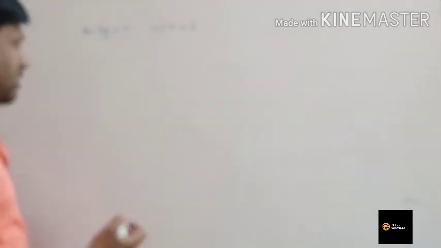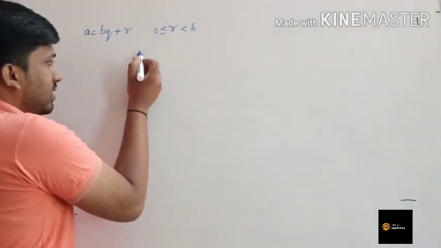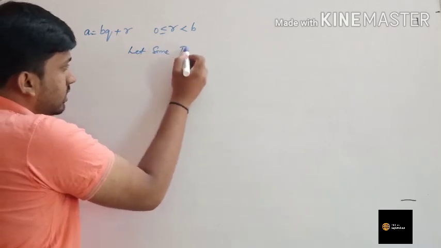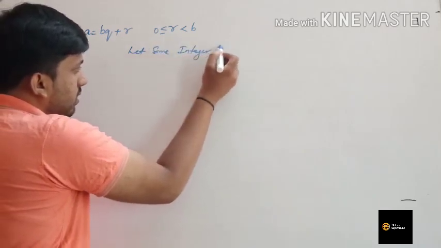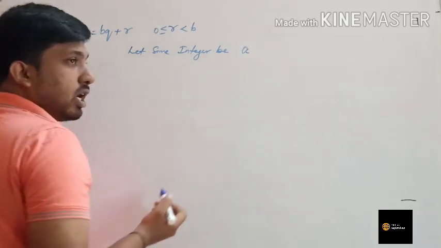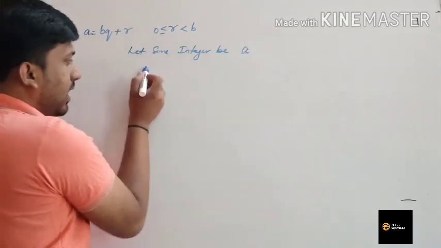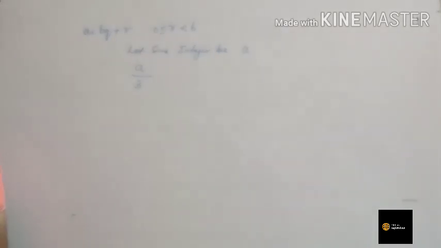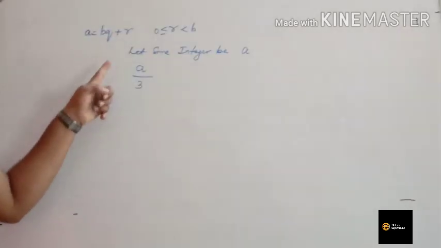Like if we divide some number by 3, let's take for example some integer, let some integer be a. Now I'm going to divide this integer a by 3.